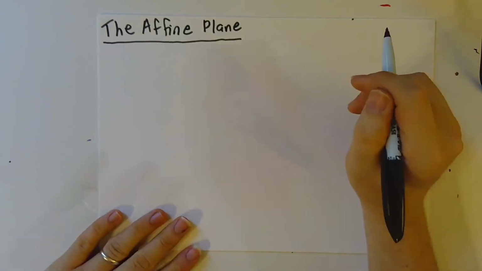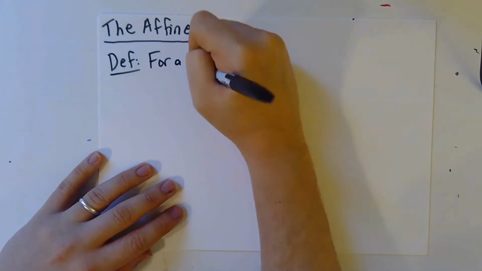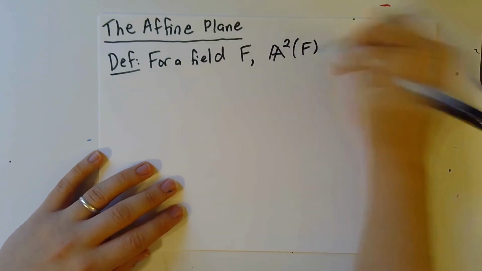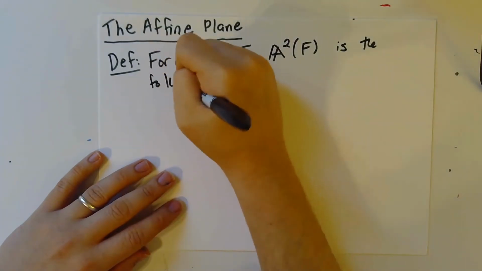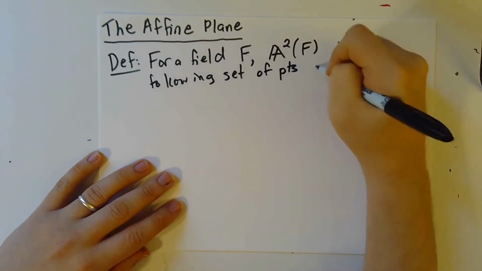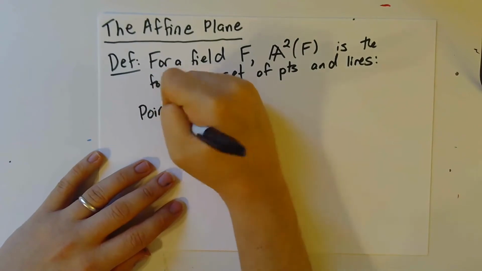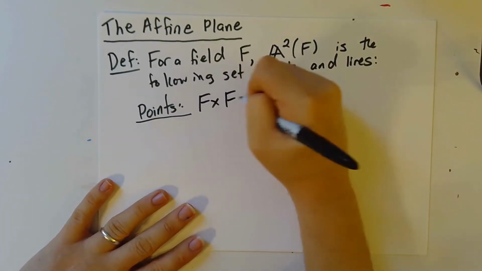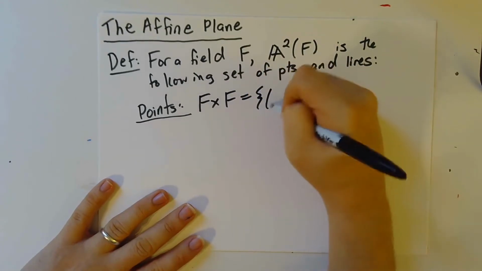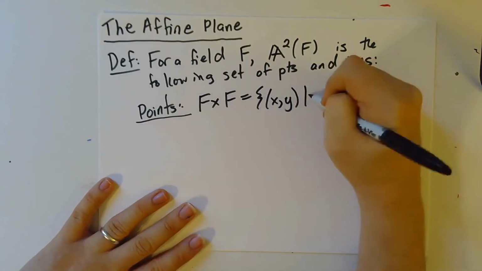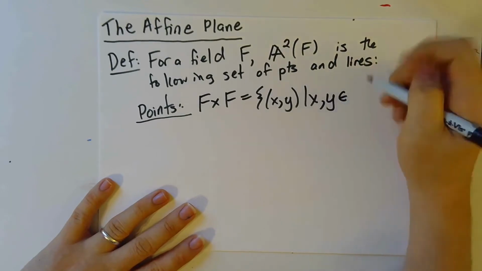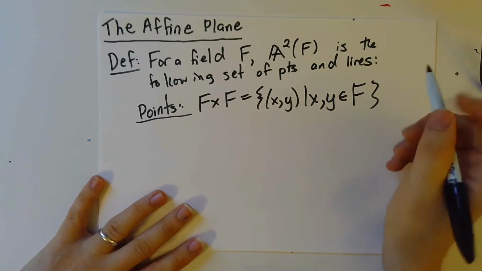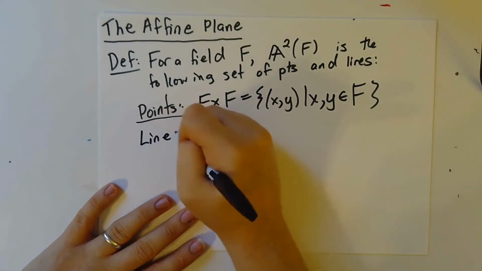So for a field F, this thing that I'll denote A2 of F is the following set of points and lines. The points are F cross F, which, if you want to remember, is the set of (x, y) where x and y are in F. And then the lines are going to come in two flavors.